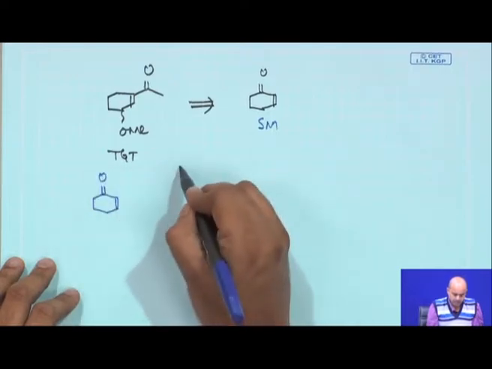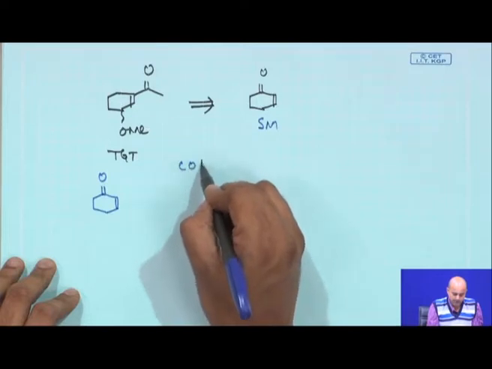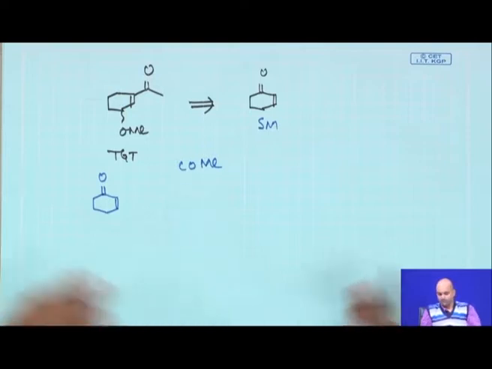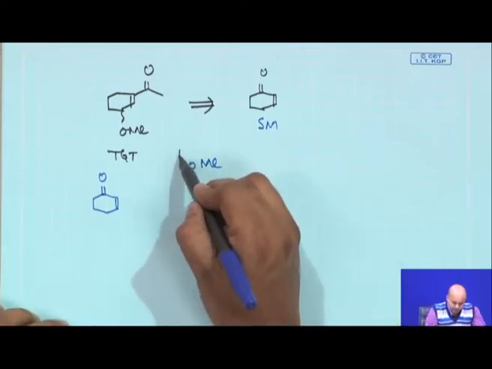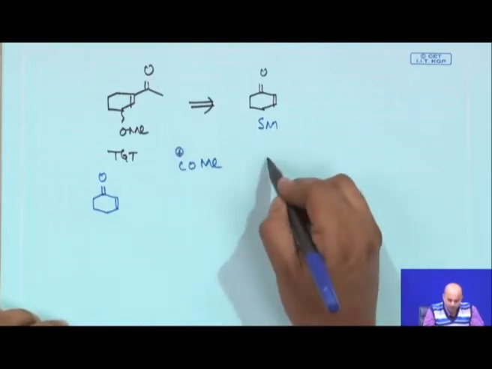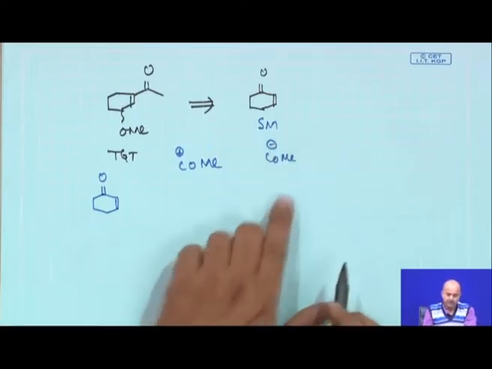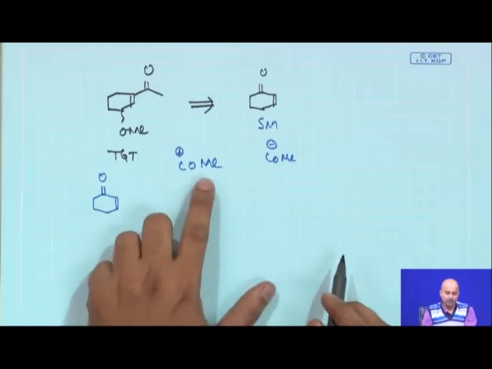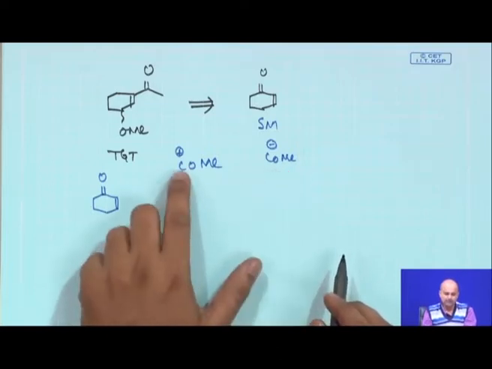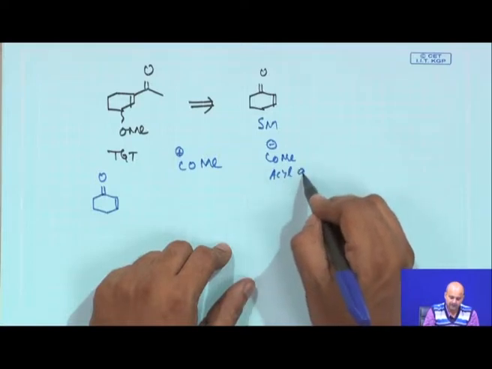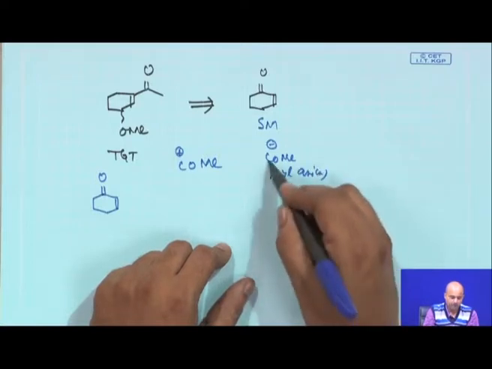So, you basically need to add COMe. Now, the COMe could be a positive COMe or could be a negative COMe, meaning a MeCO minus, an acyl anion or an acyl cation. So, this is the acyl anion, which is the umpolung.